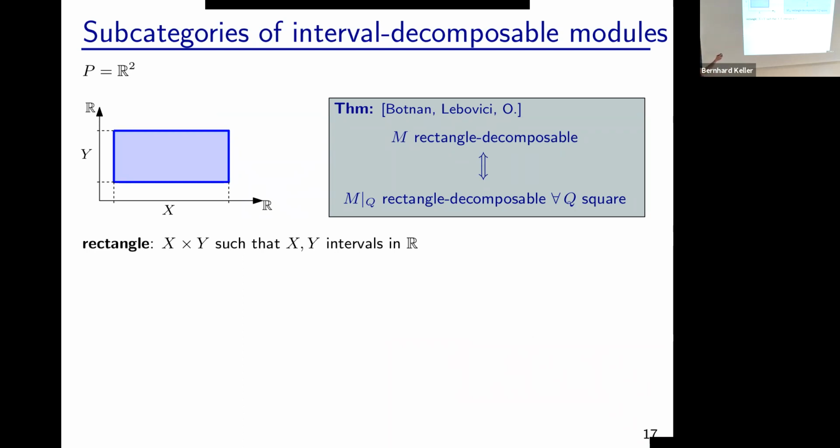If I take a representation of the plane, this holds only for e equals 2 so far. We believe that some of the results can be extended, but so far I've only had it for e equals 2. Now a representation of the plane will be decomposable into rectangle summands if and only if its restrictions to the squares are.